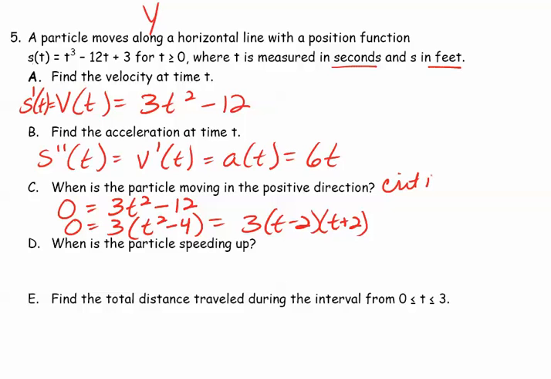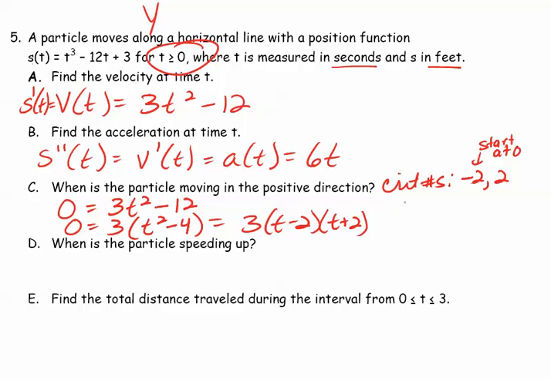Our critical numbers, it could change directions at -2 and at +2, but notice back in our problem it said we're only interested in times greater than 0. So we're only interested in the interval starting at 0. So instead of going from -2 here, we're going to start at 0.